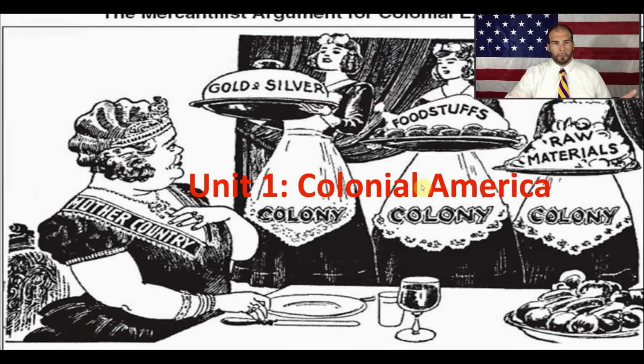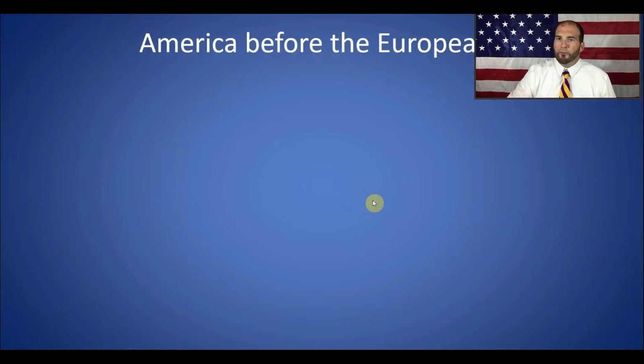All right. So before we can start talking about all the ways that Europe changed America, let's talk about what America was. And when I say America, I'm talking about our current geographic region. I will constantly call that America because it's easiest for you to understand. But at the time, it wasn't its own country.